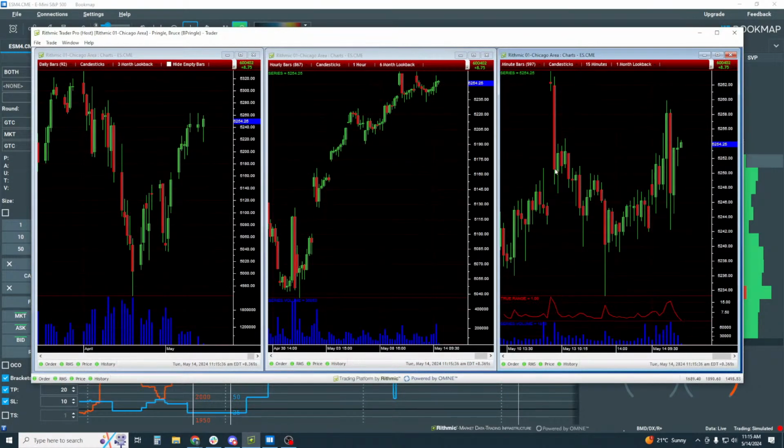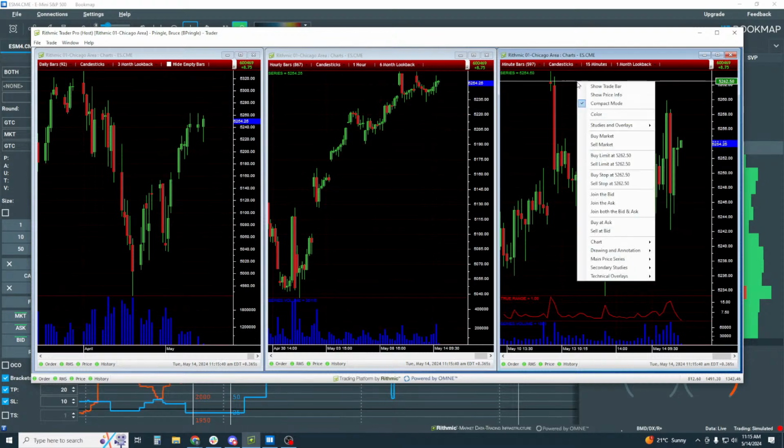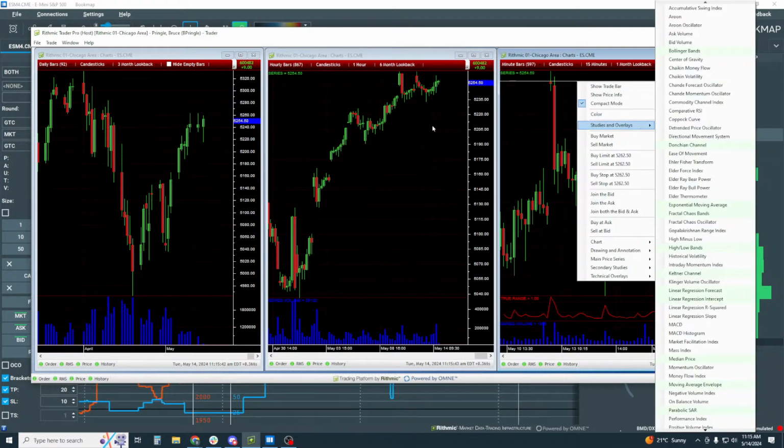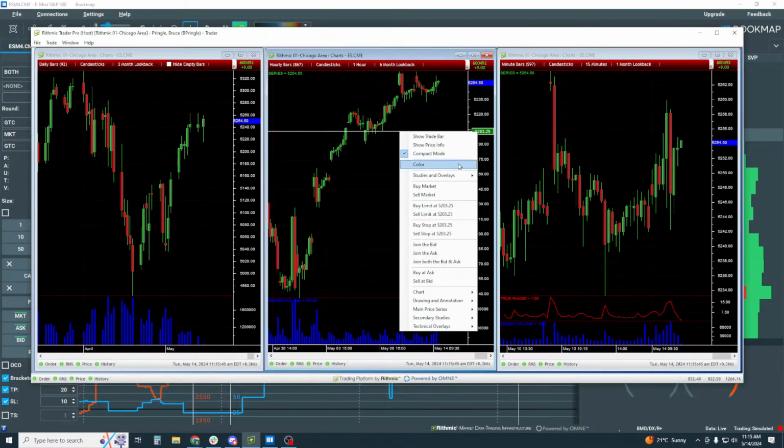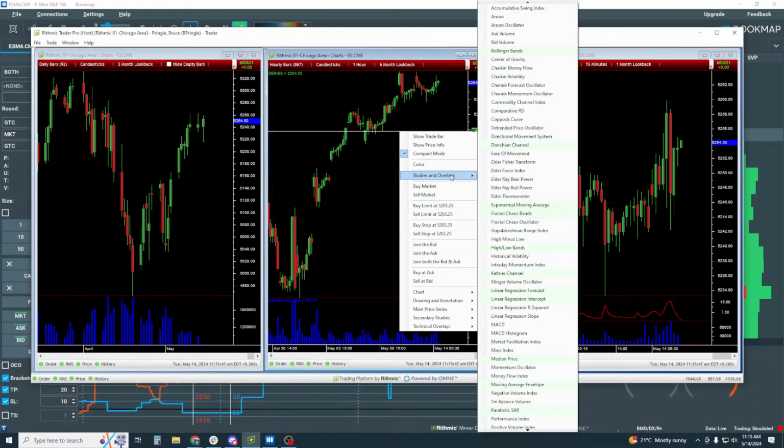I'm using Rhythmic here. I've got an ATR indicator down here. Let's see if we can add it on the hourly here. Studies, overlays, cumulative volume delta. I don't know if it is in here or not. Volume delta probably.